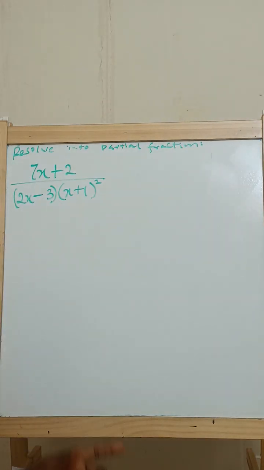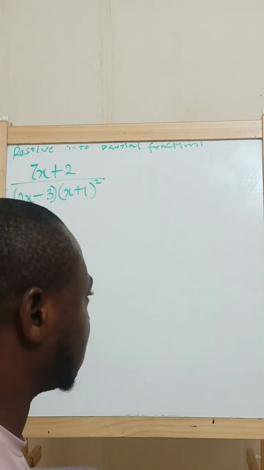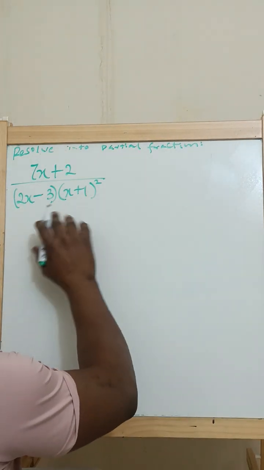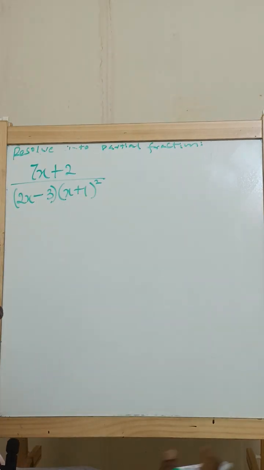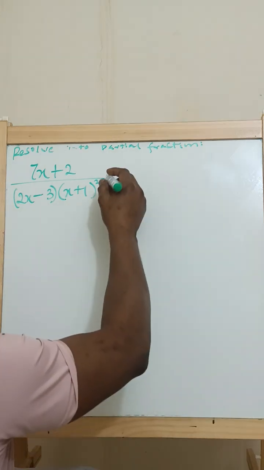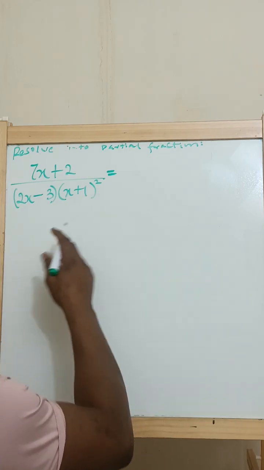To be able to resolve this, before we do that, there is a particular technique in partial fractions that we need to understand. Whenever any of these denominators is raised to power 2, 3, 4, or 5, whatever power it is raised to, we will have to repeat the term.